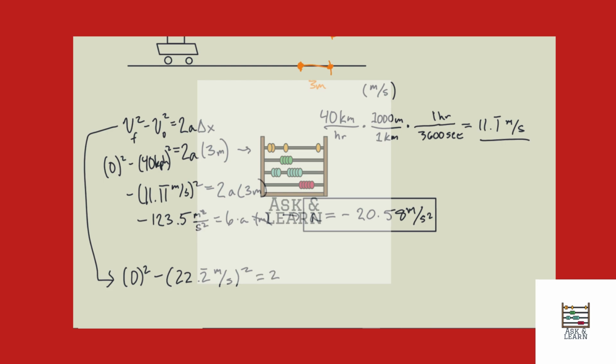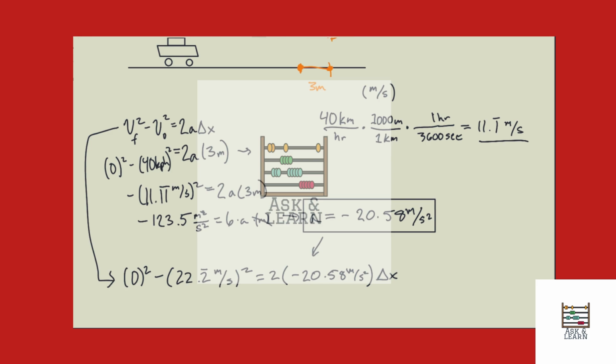And we have equals 2 times the acceleration that we just calculated, multiplied by some unknown distance, delta x. So we have 22.222 squared.